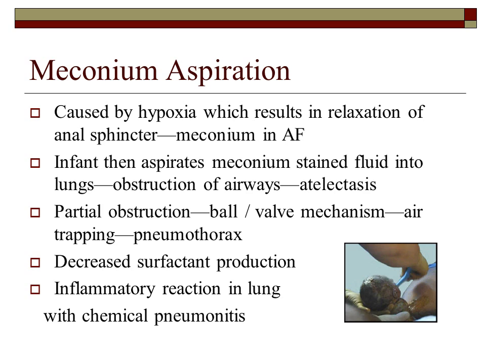Then when the baby's born, the baby aspirates that into their lungs, and that obstructs the airways, which causes an atelectasis, or if it's only a partial obstruction, it causes a pneumothorax. As the baby's trying to cope with this, they use up their surfactant, and then they end up with not only a chemical pneumonitis, but respiratory distress.